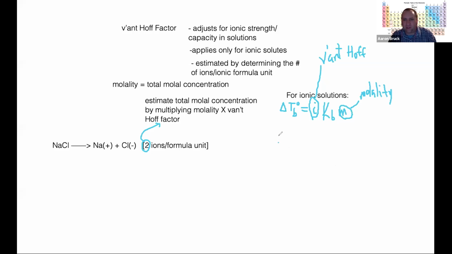And then for freezing point, very similar: delta TF equals I times KF times m.